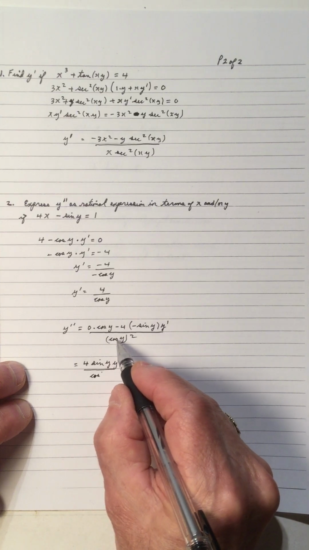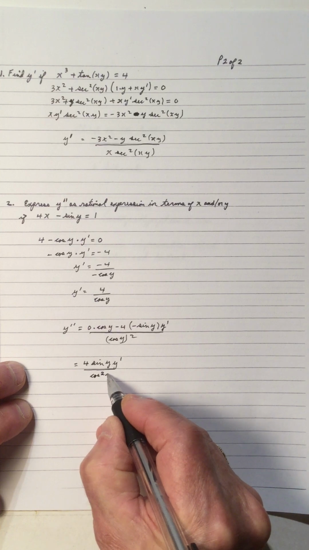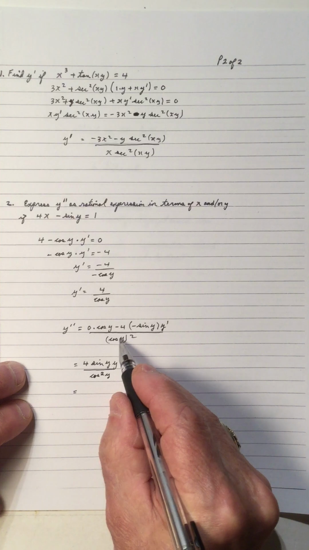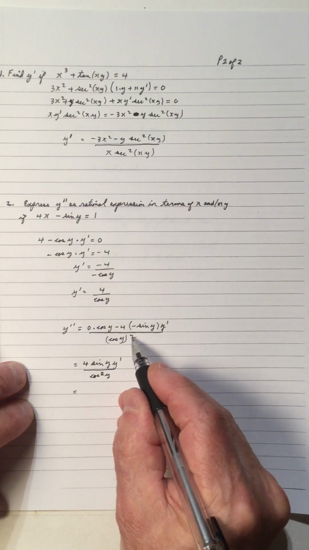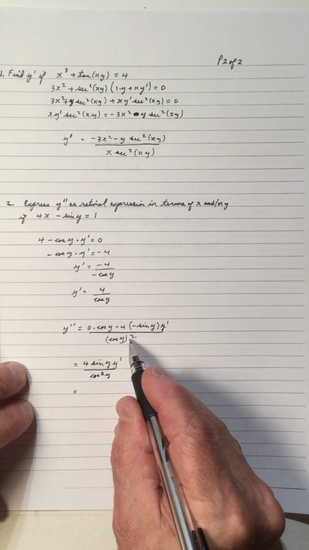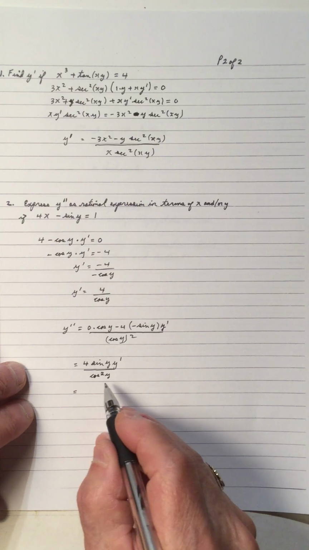I wrote it as cos y all squared, so that also could be written as cos squared y. I just wanted to square it first and then change it after, so you can see that cos of y all squared is the same as cos squared y.